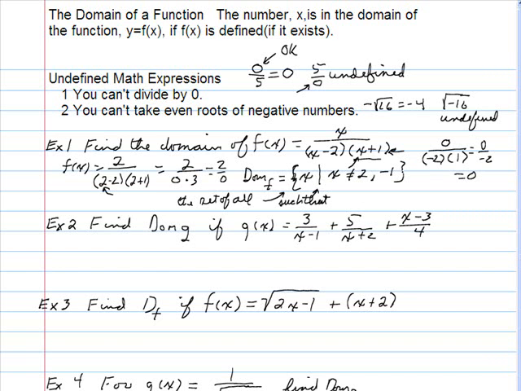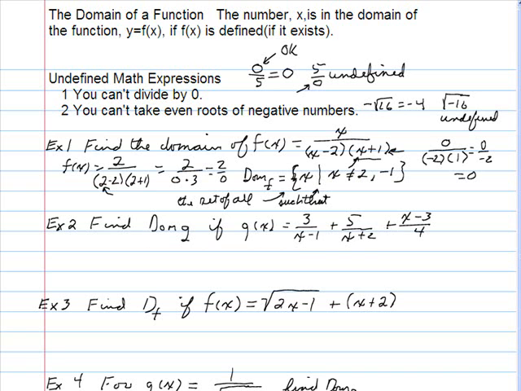Now let's take a look at a second example. It says, find the domain of g if g of x is 3 over (x minus 1) plus 5 over (x plus 2) plus (x minus 3) over 4. Well, here's the principle that we're going to work on.